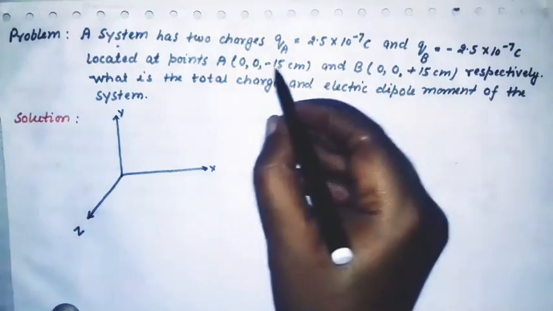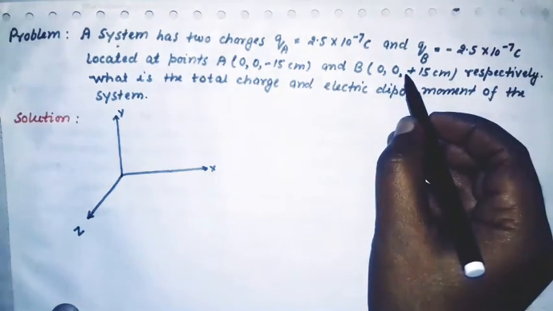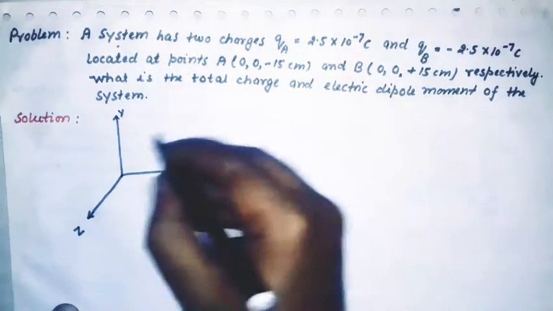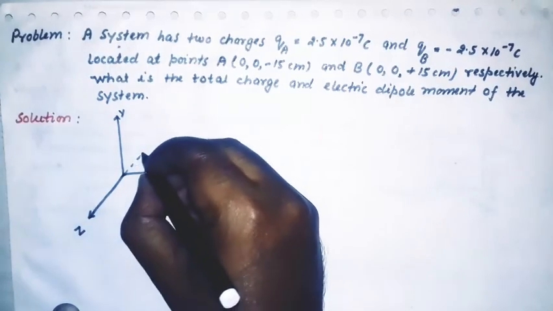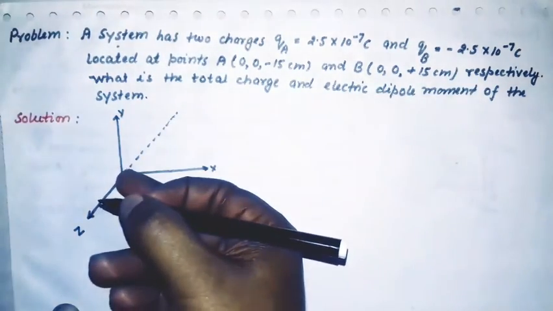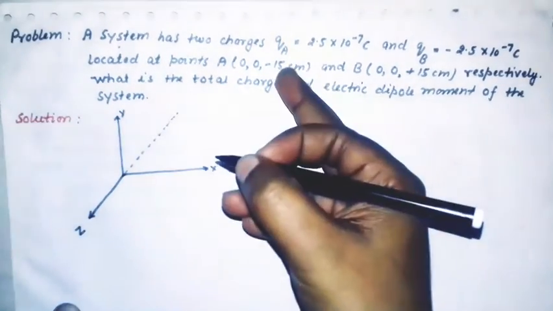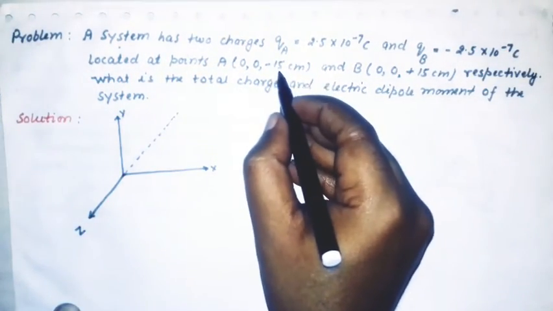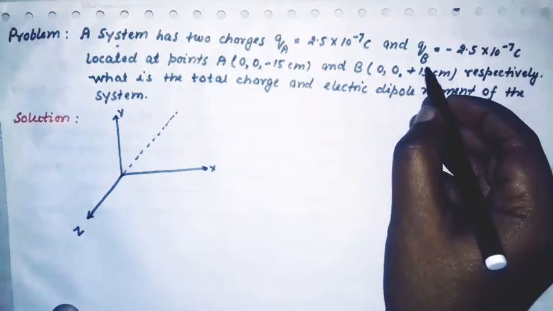So these two points will lie on the z axis, one on each side, because on the z axis the intercept is minus 15 centimeter and plus 15 centimeter.